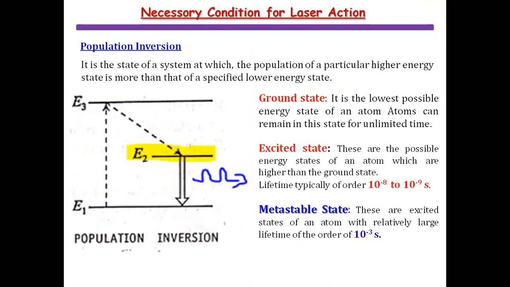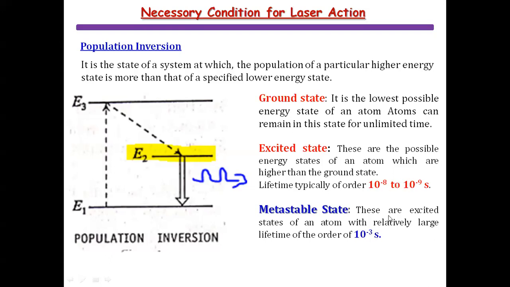This is known as population inversion. You can see the ground state has infinite lifetime. That is, every atom on its own will stay in the ground state. Therefore, the ground state is the most stable state, whereas this E3 is an ordinary excited state having a lifetime of 10 power minus 9 second, and this E2 is the metastable state, having a lifetime of 10 power minus 3 second.